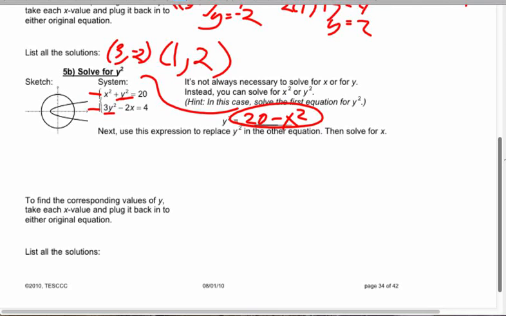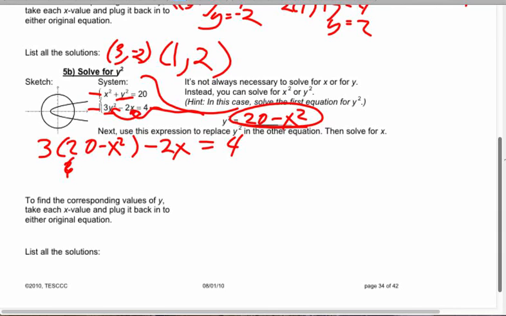Whoop, wrong one. I've got a y squared here. So I'm going to come back in now, and I've got 3 times, I'm going to substitute this in for my y squared, 20 minus x squared, minus 2x equals 4. Then I distribute. So I've got 60 minus 3x squared minus 2x equals 4.